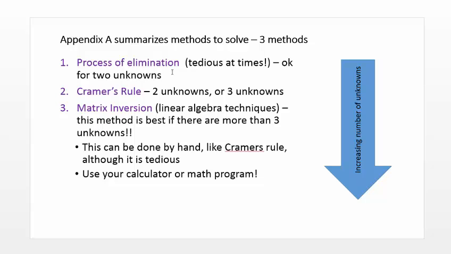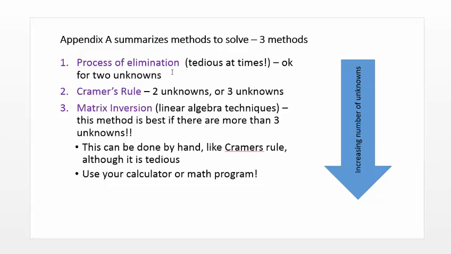That works pretty good if you have two unknowns. You can even do it with three unknowns, although it's tedious, right? Especially if the numbers are nice in the equation. If you have two or three unknowns, you can apply Cramer's rule. It's a little uglier with three unknowns.